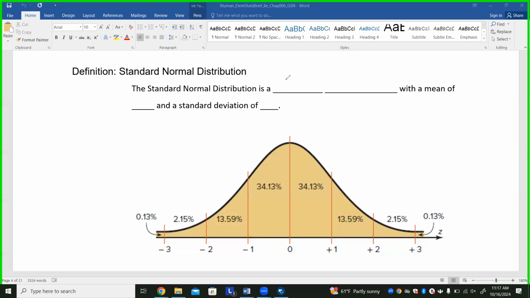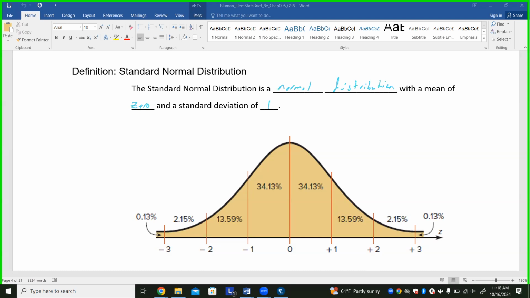All right, so a standard normal distribution is a normal distribution with a mean of 0 and a standard deviation of 1.